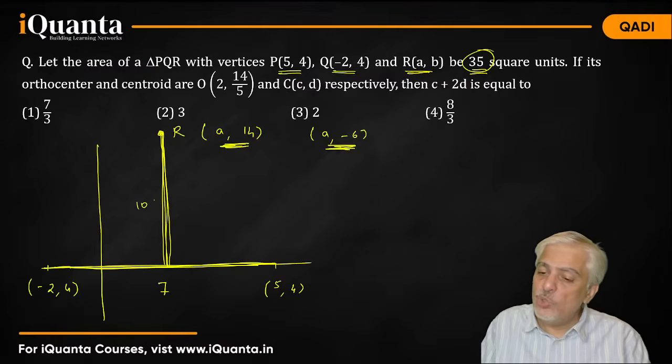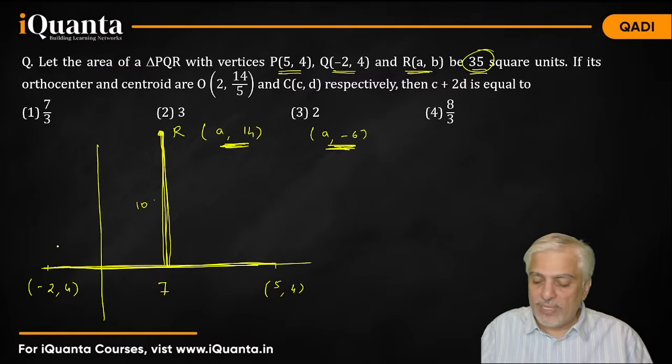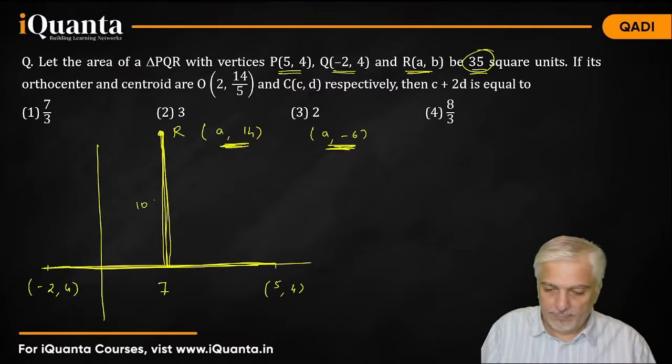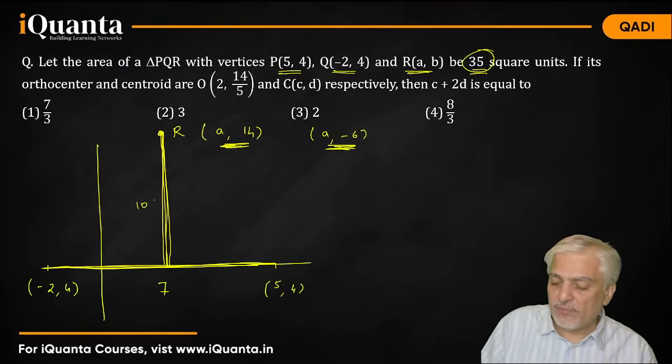Did anybody else do any other approach? A right angle triangle is not guaranteed. In fact, it's definitely not a right angle triangle. That much I can definitely see.